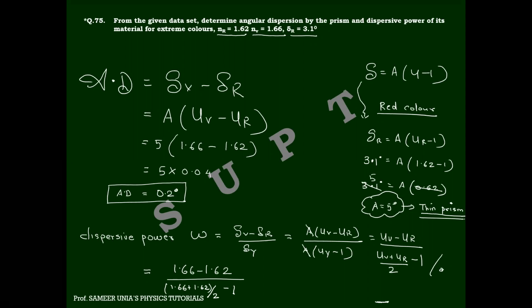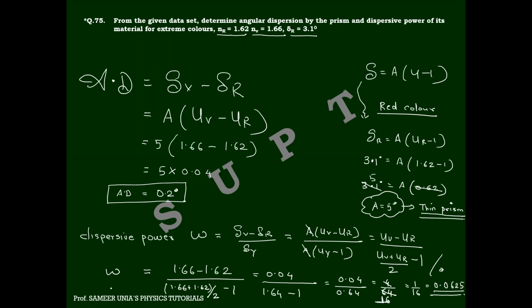The numerator will be 0.04. The average will be 1.64, the middle number. Minus 1 gives 0.64. So it is 1 by 16, that is 0.0625. This is the dispersive power, the power to disperse light.